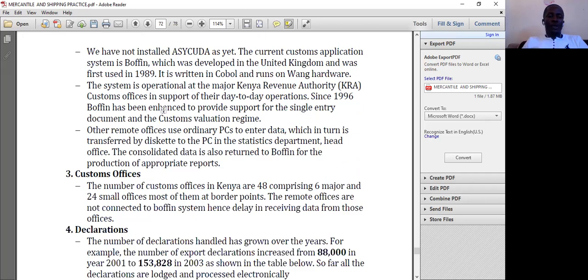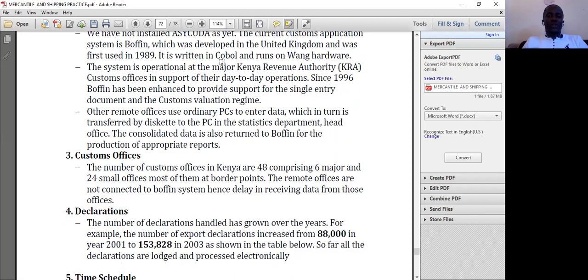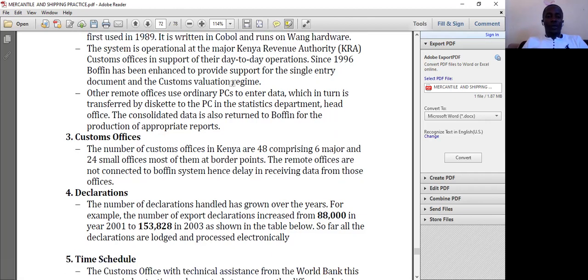Then customs systems: a SECUDA system is used, which is currently in use. The system is operational at the major KRA customs offices in support of day-to-day operations since back in 1996.